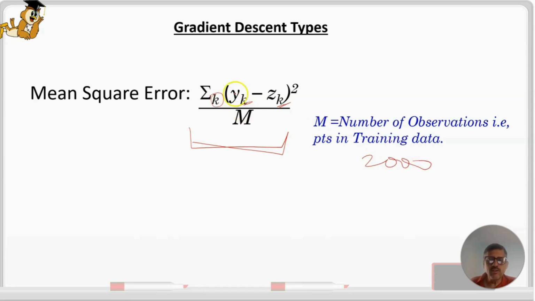You have to calculate the square error for 2000 points and add it up to get the mean square error, and then you proceed to minimize it. This is computationally intensive for every iteration, because you take small steps all the way to the optimum, and each step involves these calculations over 2000 points.